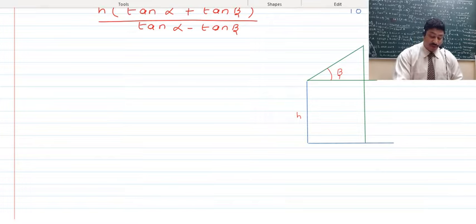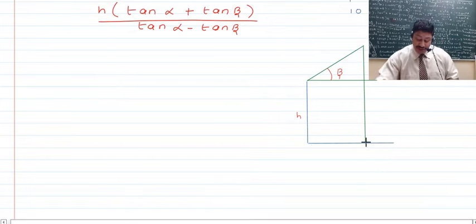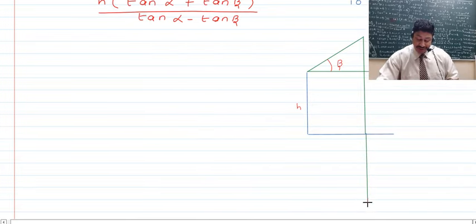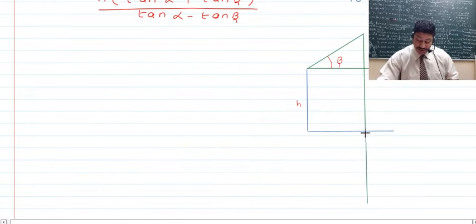So next we'll extend this straight line further, which will show its reflection underneath the lake. And remember, this distance is to be equal, right? So this is that straight line which represents the distance of the image underneath the lake, right?